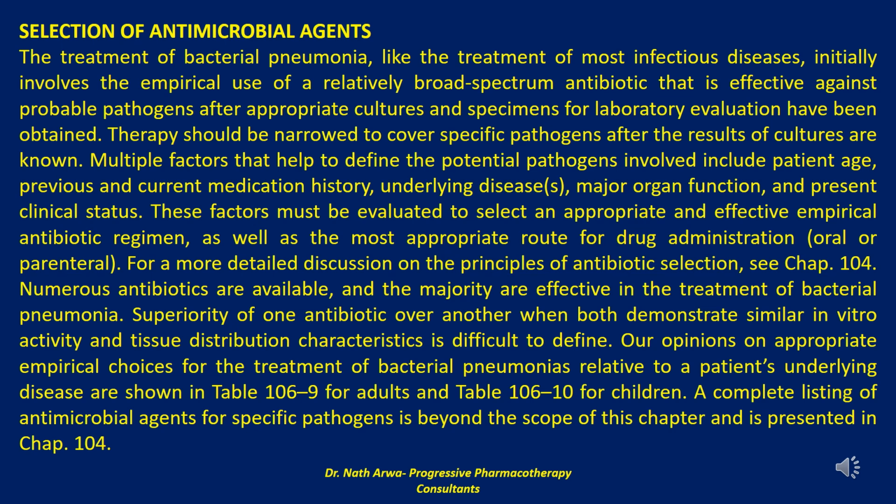The treatment of bacterial pneumonia, like the treatment of most infectious diseases, initially involves the empirical use of a relatively broad-spectrum antibiotic that is effective against probable pathogens after appropriate cultures and specimens for laboratory evaluation have been obtained. Therapy should be narrowed to cover specific pathogens after the results of cultures are known.